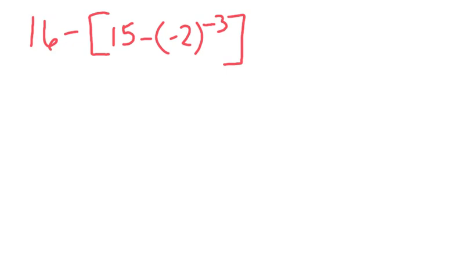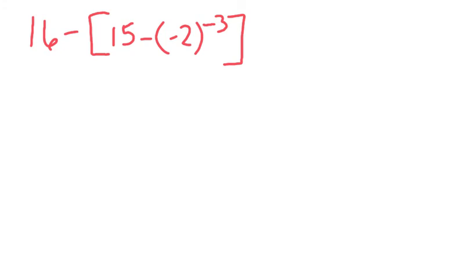Let's do another one similar to that. By the way, don't let the brackets bother you. These are called brackets. They're just fancy parentheses. They use them when they have already a parenthesis in a problem, and they usually use brackets so that you can see which ones are which. It's just the same thing as a parenthesis. So, let's see.